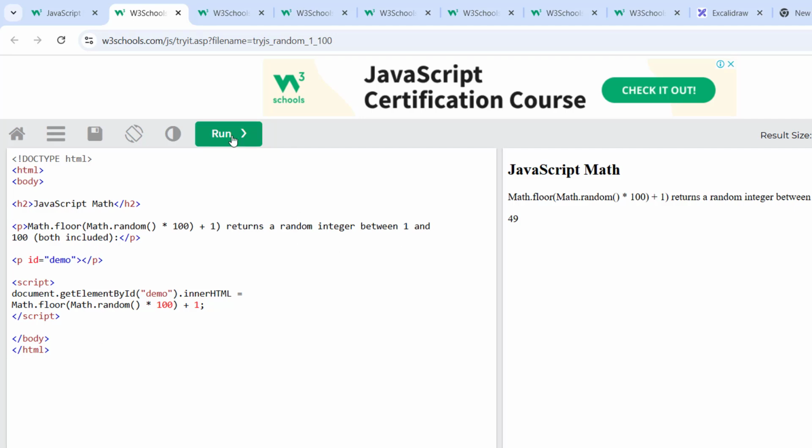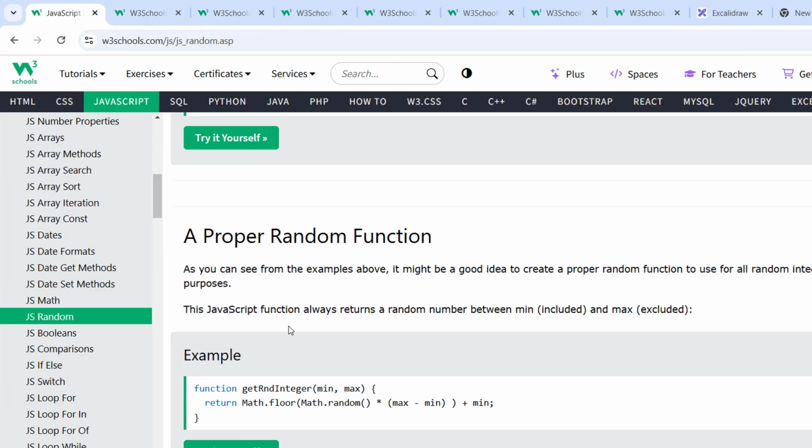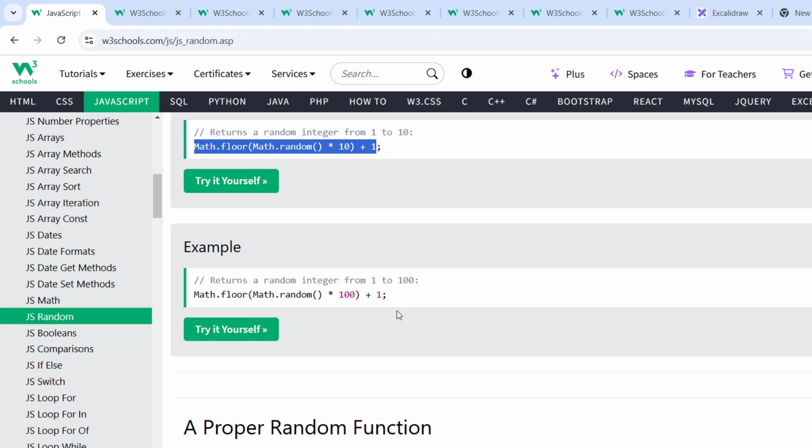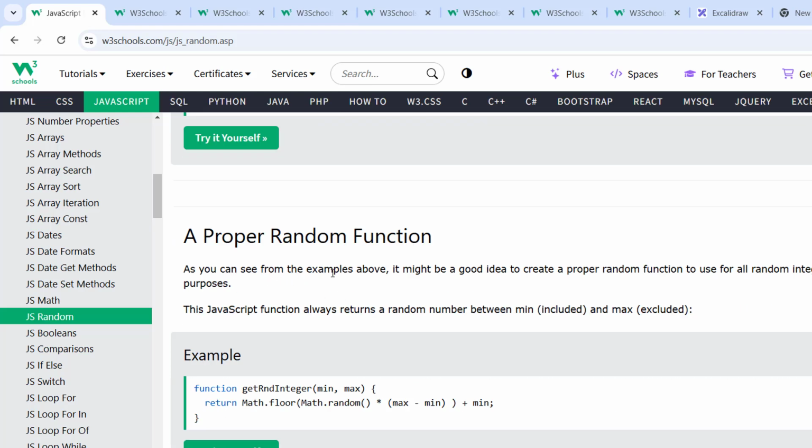After that they provide a function by aggregating all those functions. As you can see from the example above, it might be a good idea to create a proper random function to use for all random integer purposes.